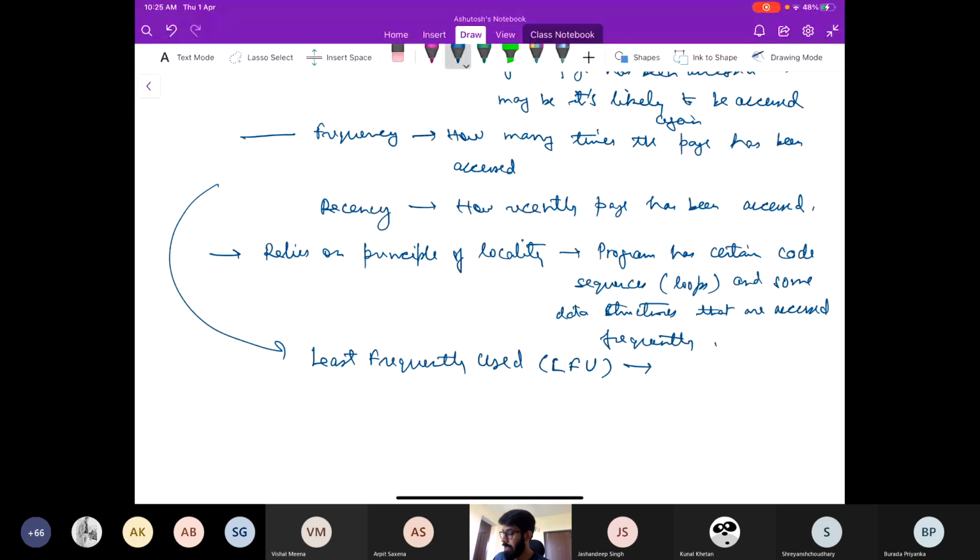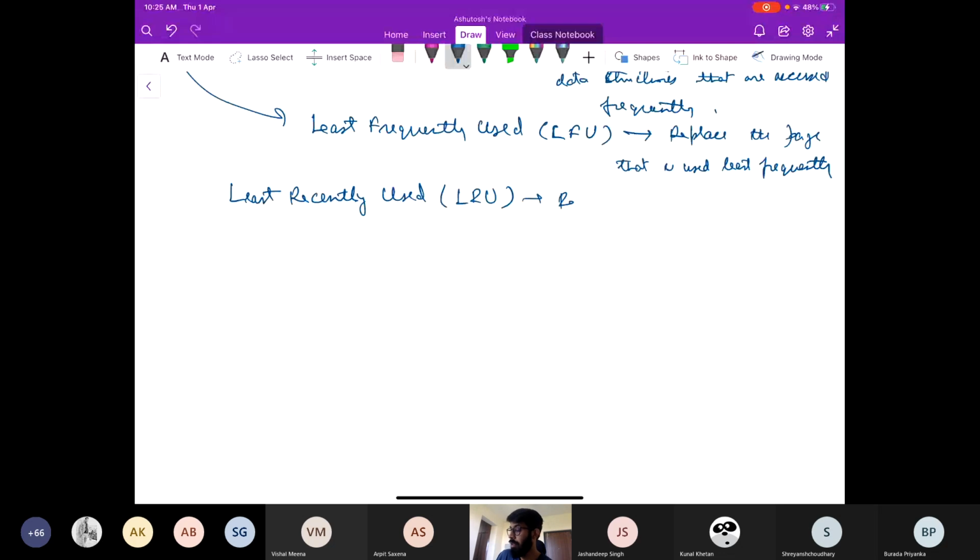And then least recently used, LRU, replace the page least recently used, right?